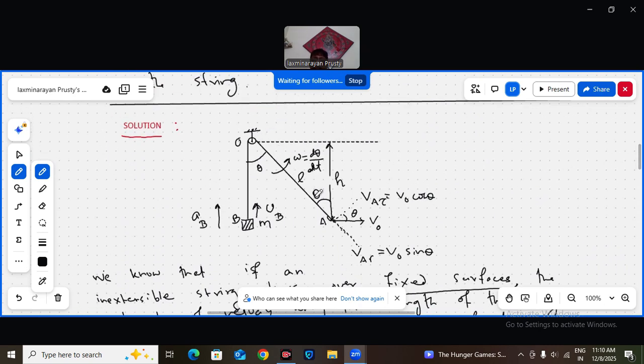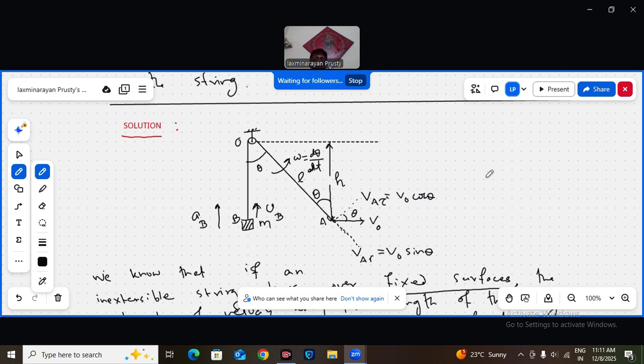This is the string OA. The point A has a velocity component along the length, V naught sine theta, and another velocity component perpendicular to the length of the string, that is V_A tau, V naught cos theta. Omega into this L must be V_A tau. You must be knowing this: omega cross L bar should be V_A tau bar.